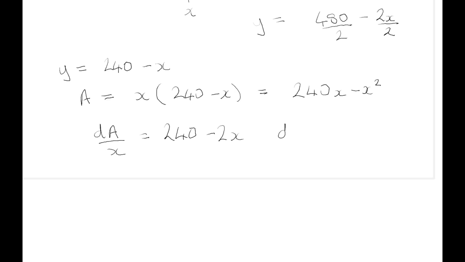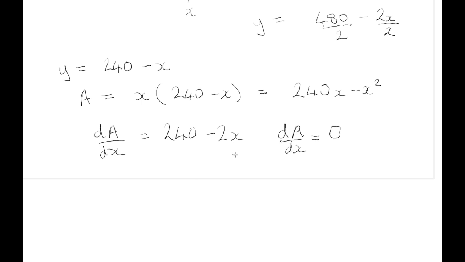Now when all that is equal to 0, missed a d out there, dA/dx, then obviously 240 must equal 2x for that to all equal 0.